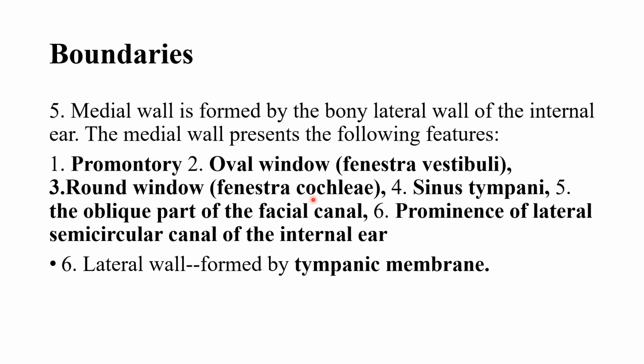And the round window is closed by fibrous secondary tympanic membrane. So there is one more tympanic membrane, which is called the secondary tympanic membrane, which closes the round window. So basically these are two openings which are closed.